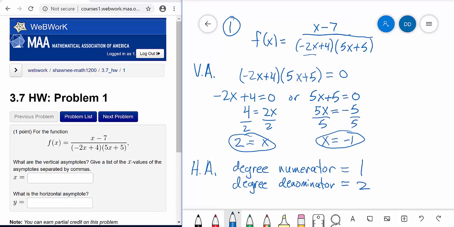We have a minus 2x and a 5x in our factors. So if you multiply out the denominator, you'll get minus 10x squared. So we see that the degree of the denominator is 2. Whenever the degree of the numerator is smaller than the degree of the denominator, that implies that the horizontal asymptote will be the x-axis, which has equation y equals 0.